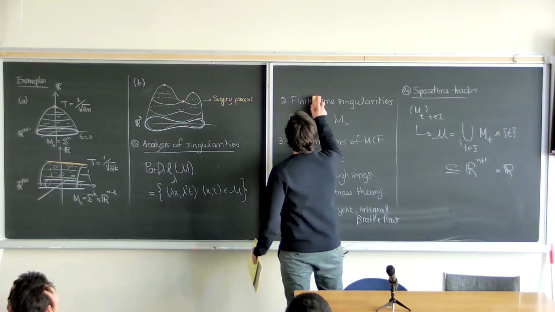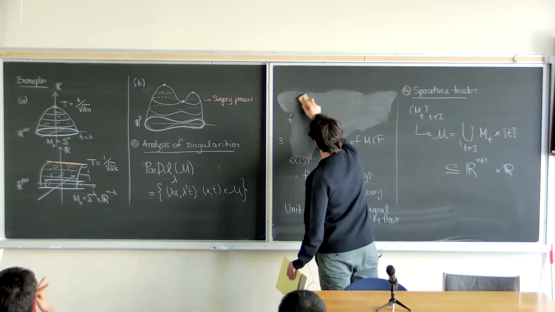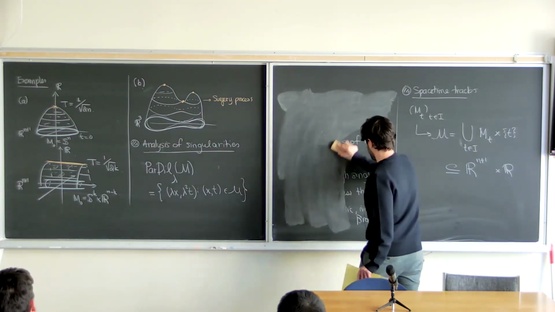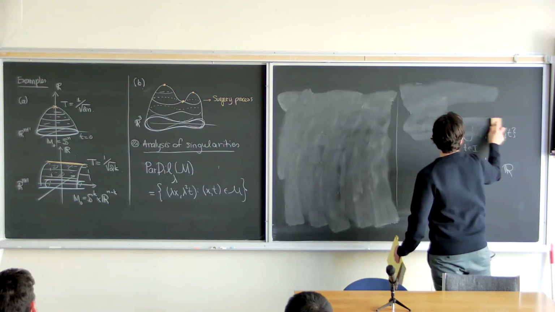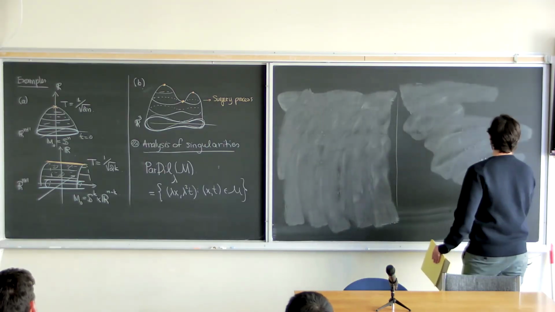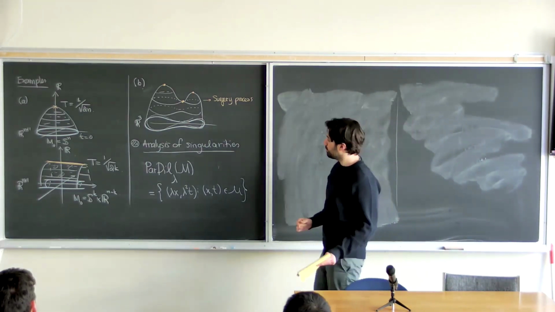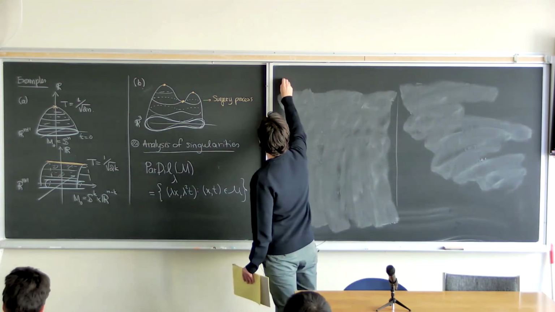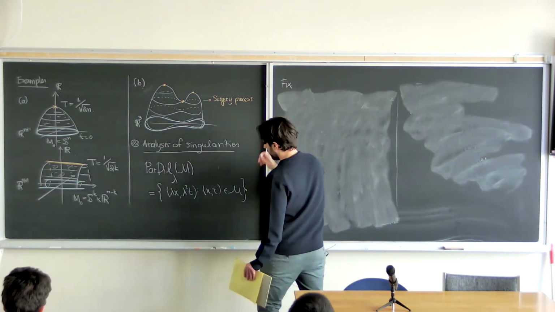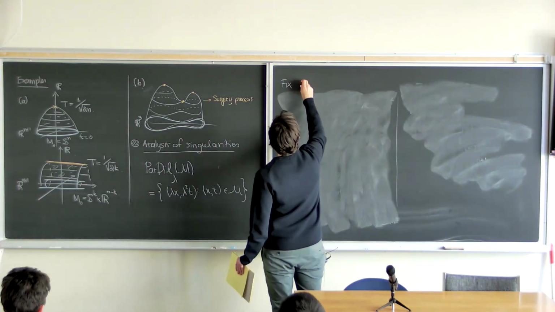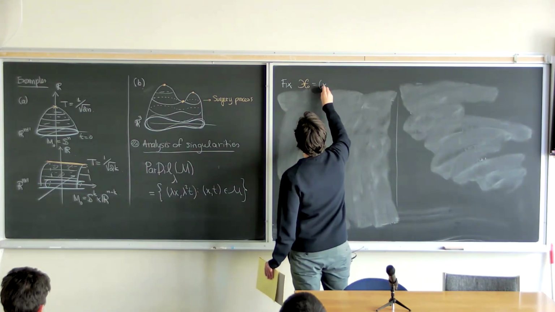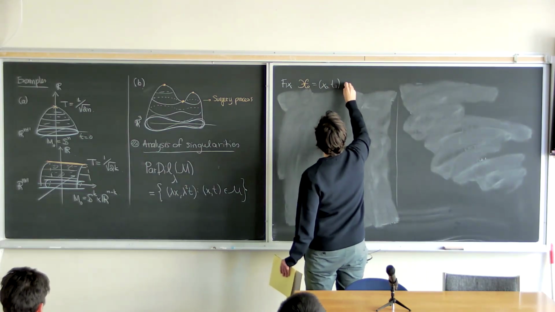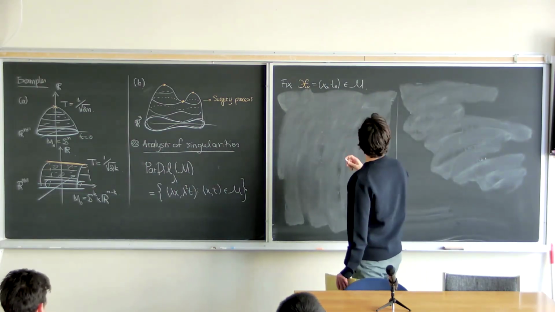All right, so then what you do is, here I'll be hand wavy, but the idea is you fix your preferred point when you want to take a blow up. So let's say you fix some x0, which is going to form little x0 comma t0 on your space-time track.